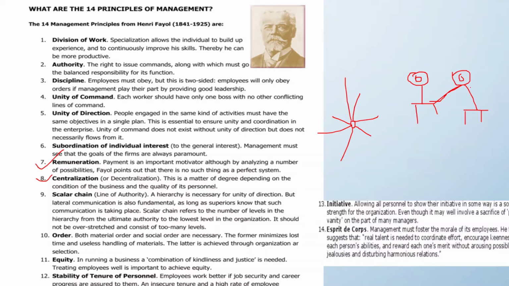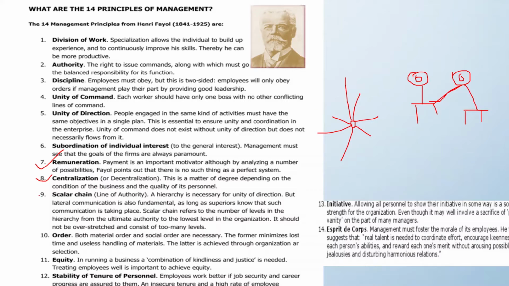But when all of us report to one centrally controlled authority, that becomes centralization. In big organizations, centralization is really difficult, so they follow the decentralization method and divide their organization structure as per their convenience.